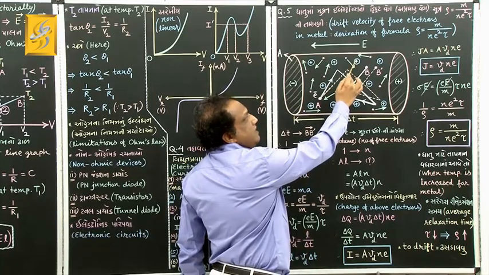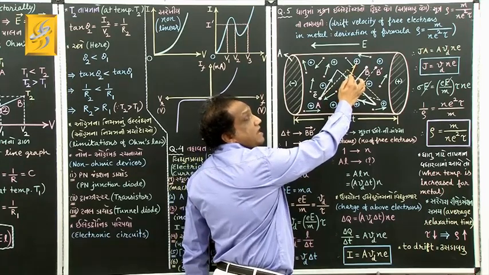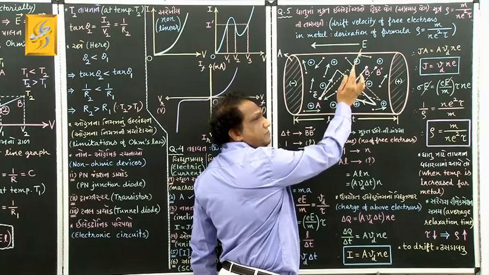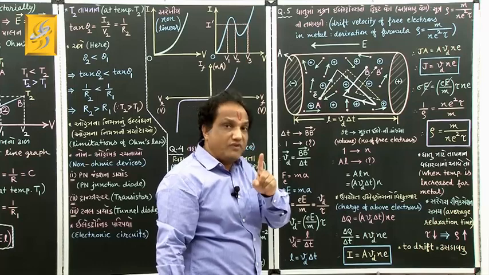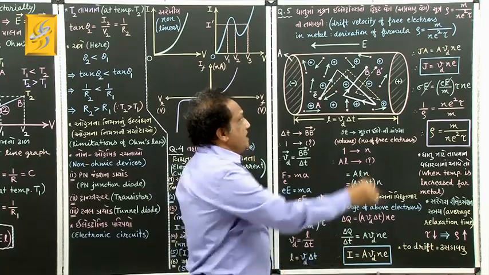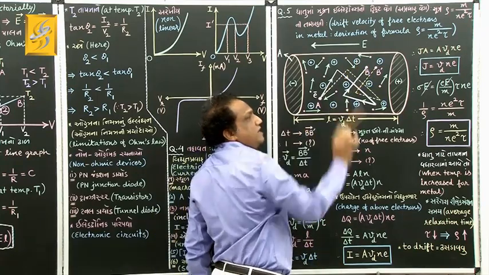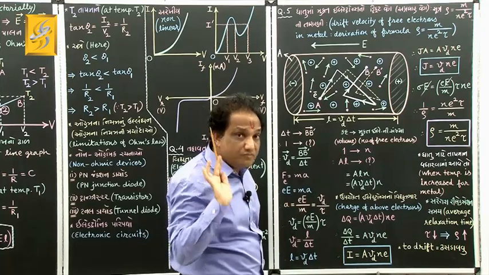By the time it is about to collide with another ion, just before the second collision, its velocity is maximum, equal to drift velocity Vd. But as soon as it collides, again momentarily its velocity becomes 0.